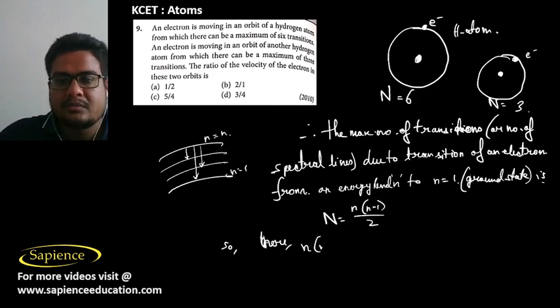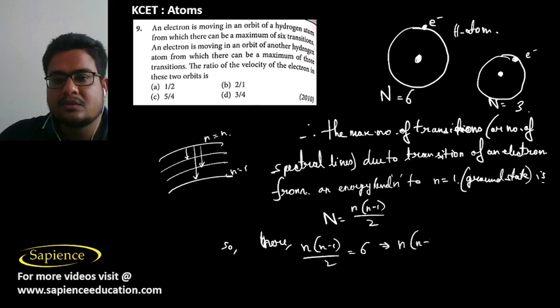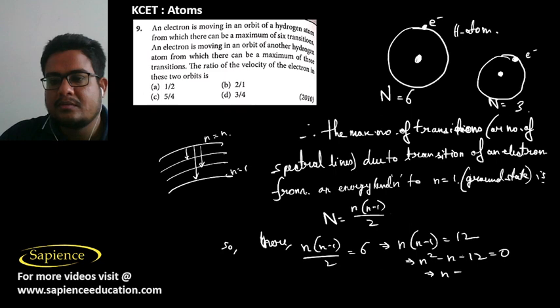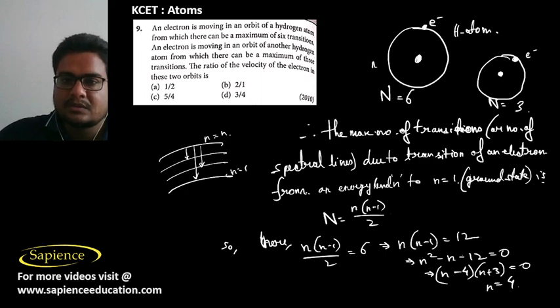Therefore n into n minus 1 by 2 is equal to 6, so n into n minus 1 is equal to 12. So n square minus n minus 12 is equal to 0. So n minus 4 into n plus 3, n should be equal to 4 in the first case. So here the electron is in the fourth energy level, in the fourth shell.